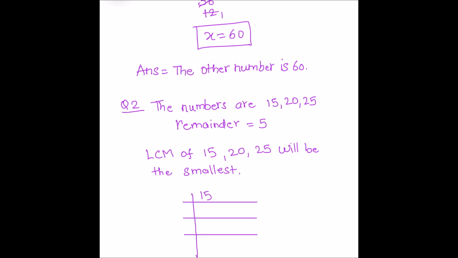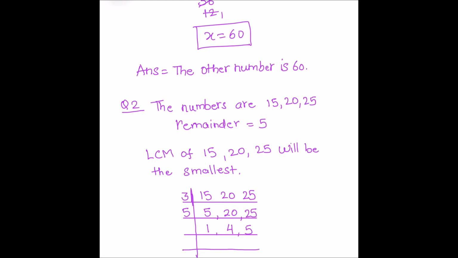So 15, 20 and 25. Let's use 3 to divide 15. 3 times 5 is 15. 20 is not fully divisible, so we'll write it as is, and 25 too we'll write as is. Now we can use 5 to divide the three numbers. 5 times 1 is 5, 5 times 4 is 20 and 5 times 5 is 25.